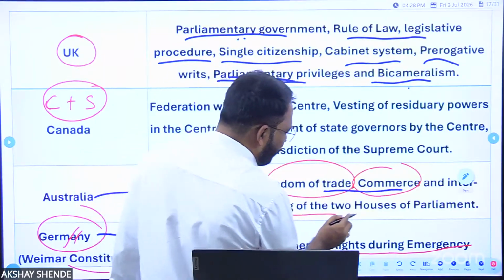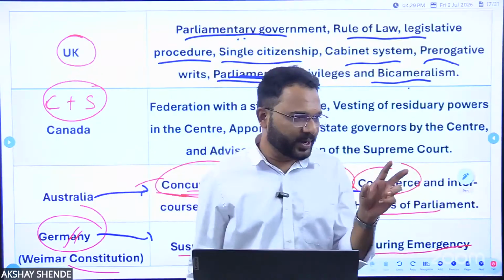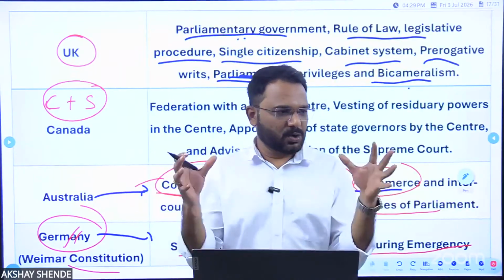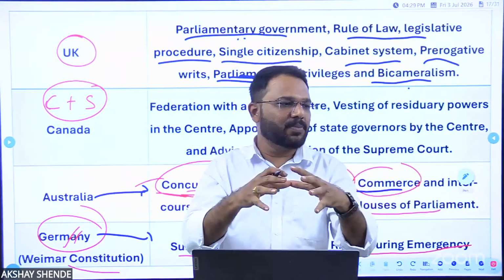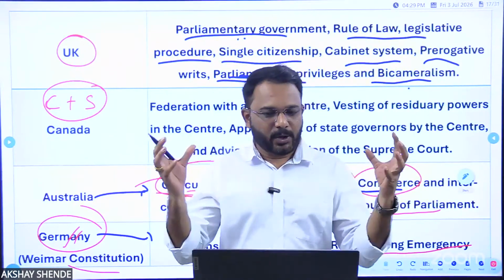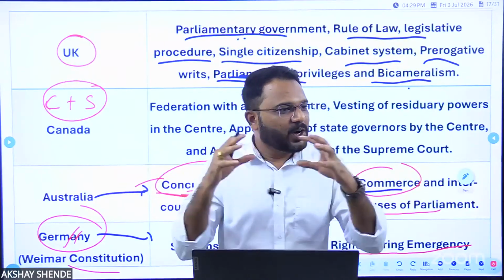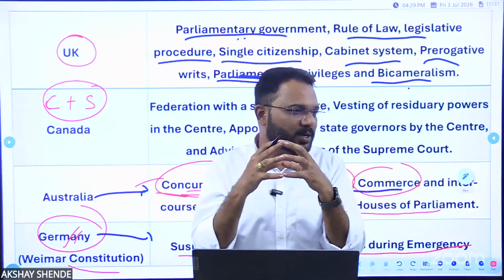Joint sitting of the two houses. If in case there are some disputes regarding any bill, the two houses, Lok Sabha and Rajya Sabha, assemble in a single house and then the voting is done. That means what? Two houses are coming together, two persons are coming together, two governments are coming together.